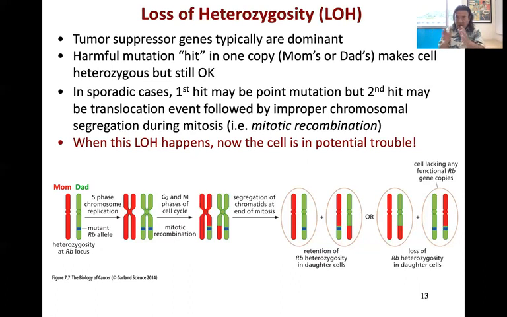But you can have these weird mitotic recombination events that happen such that the arms cross over. I mean, they're not supposed to, but hey, if you have chromosomes close together, it's always possible that the arms can cross over. And in that sense, you might either retain the heterozygosity in the daughter cells, or the chromosomes may segregate in a way that now one of the daughter cells has lost its heterozygosity.